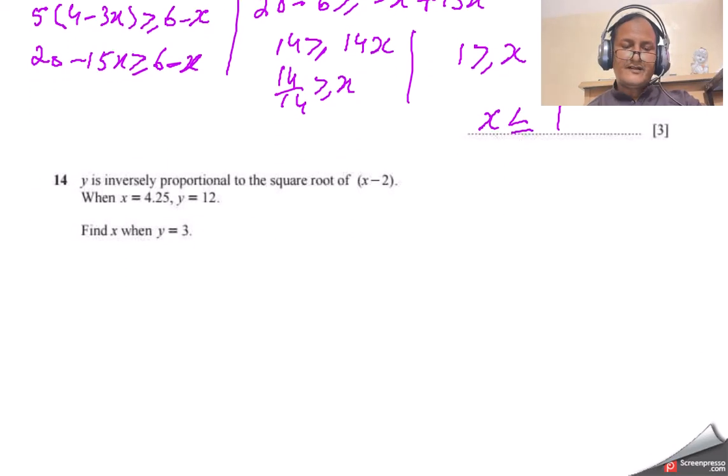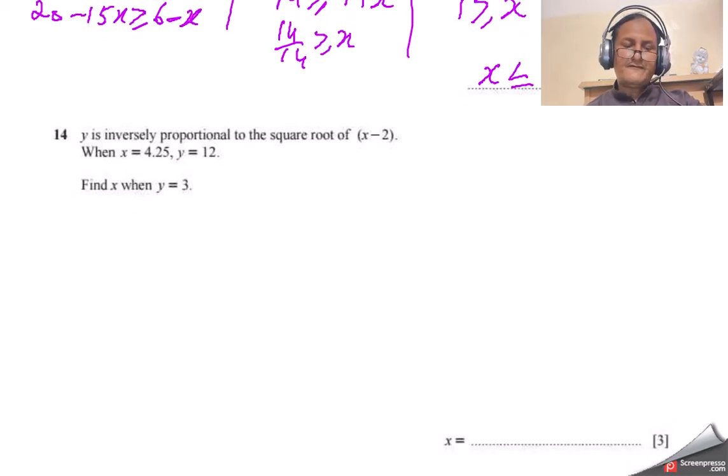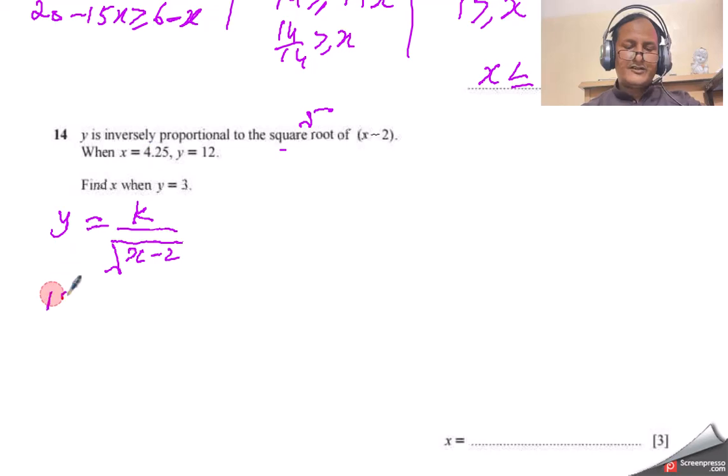Both are the same. Okay, question number 14: we have y is inversely proportional to the square root of x minus 2. When x is 4.25, y is 12. Find x when y is 3. Okay, y is inversely proportional. For example, k is a constant. We're supposed to write the square root of x minus 2. By putting the values over here, we have 12 equals k over the square root of 4.25 minus 2.